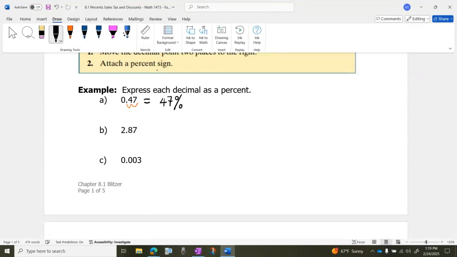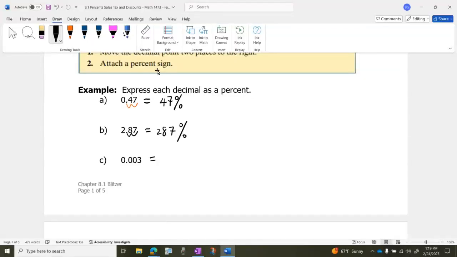And then attach the percent sign to balance out, right? When you attach the percent sign, you make the number in front of it 100 times smaller. Same idea here. You move this twice to the right, you have 287, and then attach the percent sign. So balanced out, multiply by 100 and divide by 100.